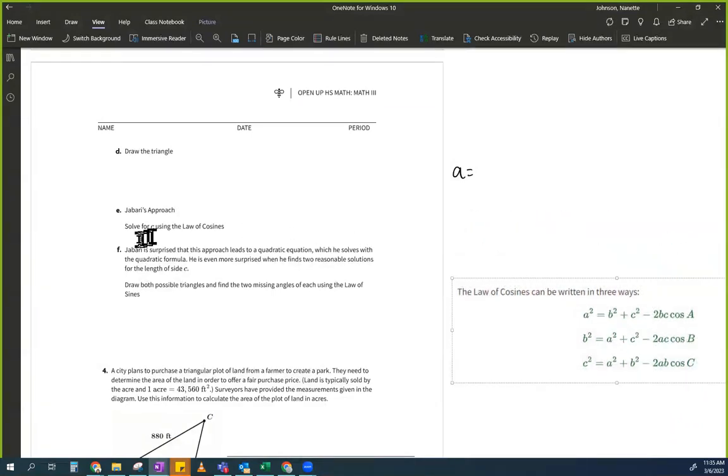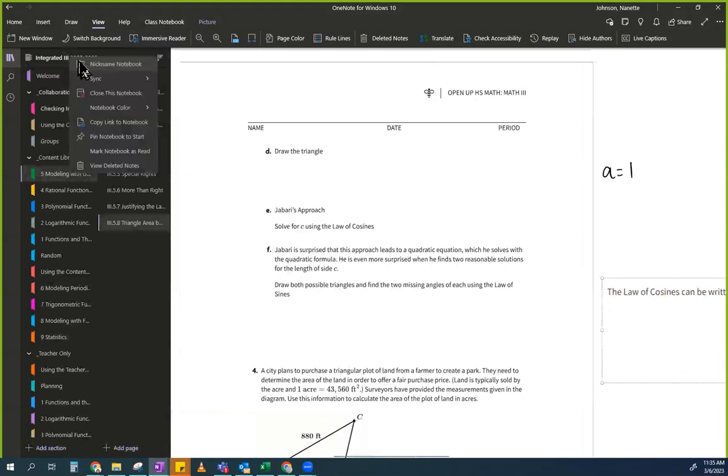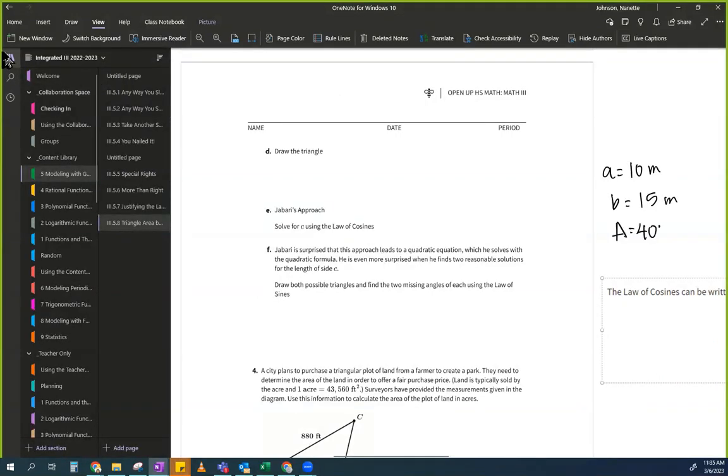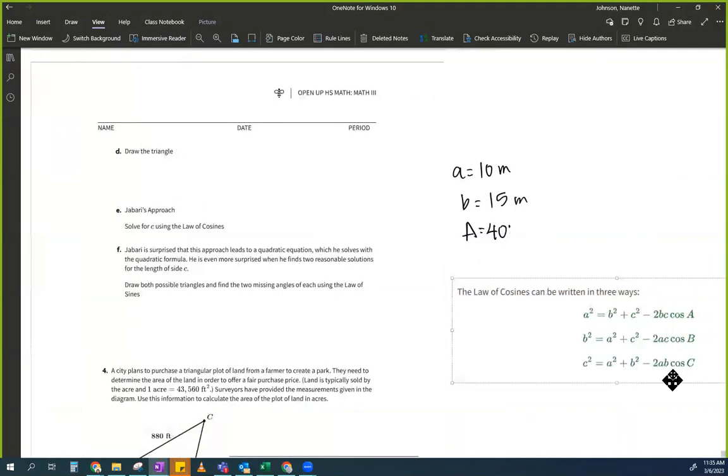So Jabari's approach is to use the law of cosines. I'm going to have you think with me: which of these formulas should I use? They're equally important.